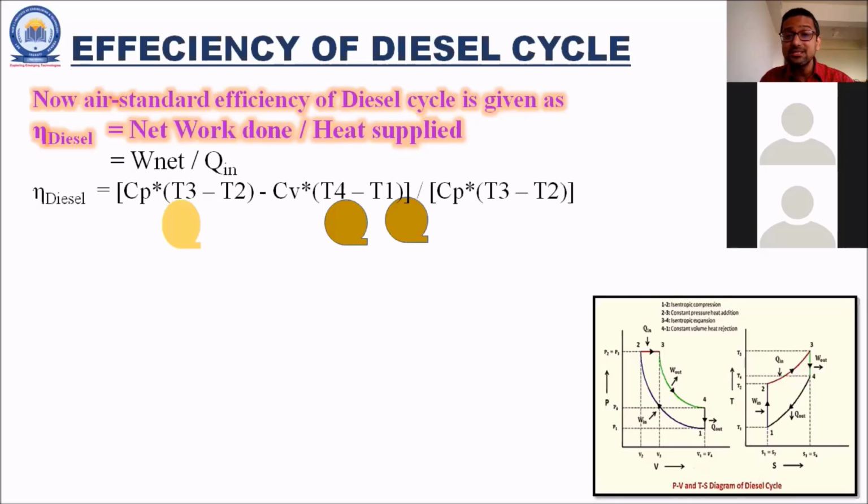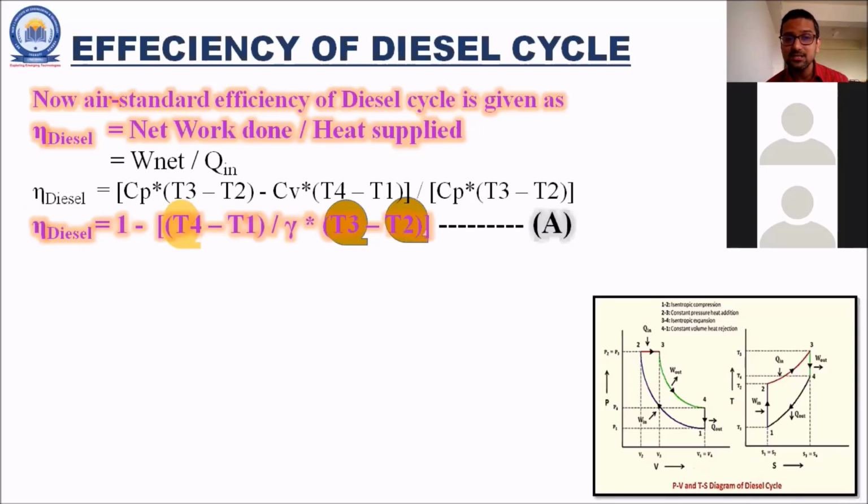Cancelling the common terms, finally I am getting this equation: eta diesel is equal to 1 minus (T4 minus T1) divided by gamma into (T3 minus T2).